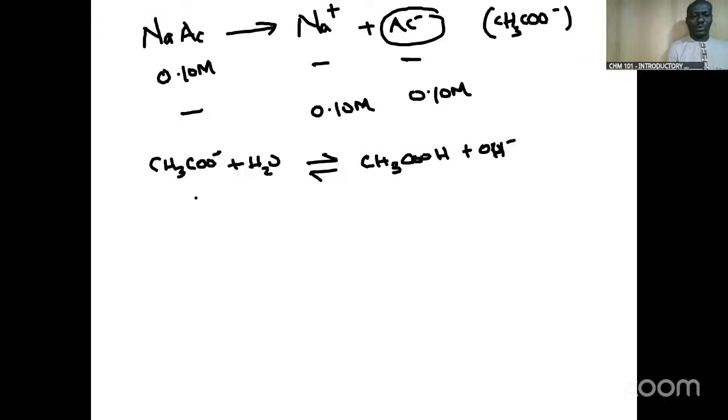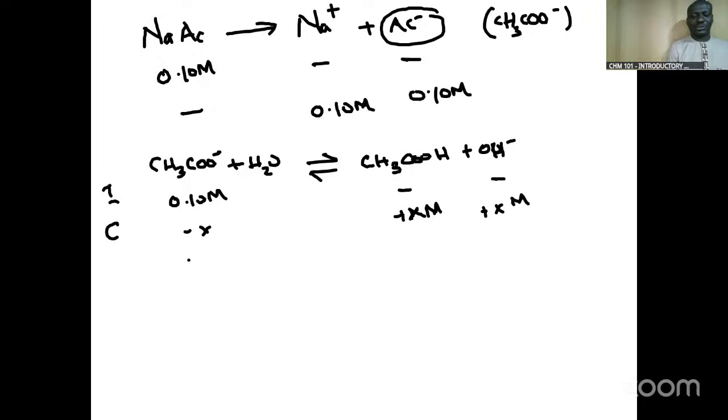So we have started. Our initial concentration, we have 0.10 of this. Of course, there won't be anything here, and there won't be anything here. The changes that will have occurred at equilibrium: by the time X of this is gone, X of this will have been formed, and X of this also will have been formed.